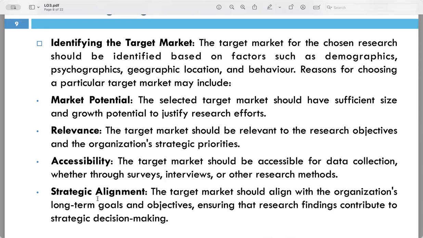So, by carefully identifying the target market, organizations can ensure that their research efforts are focused on the most relevant and promising segments, thereby maximizing the value of the insights gained.